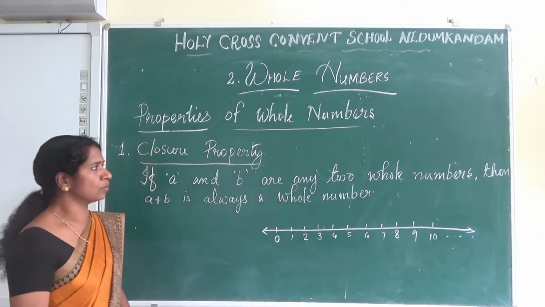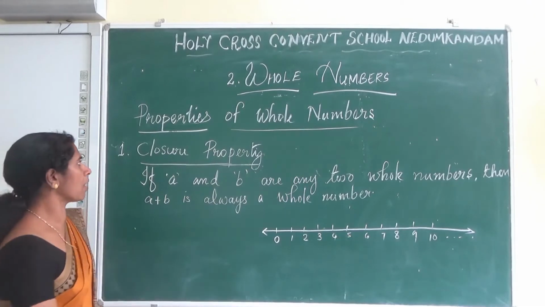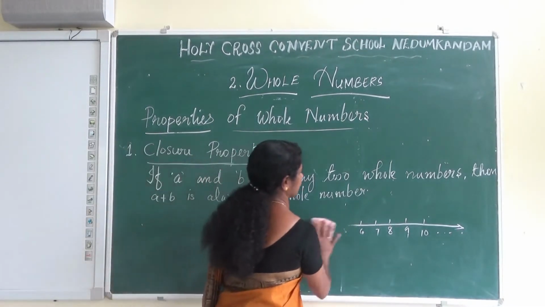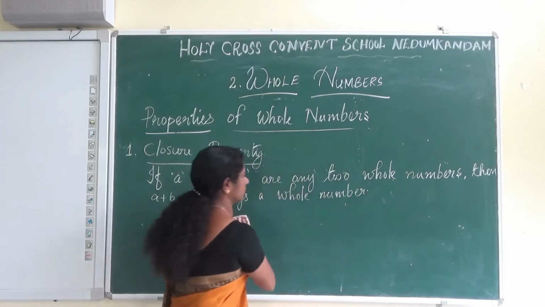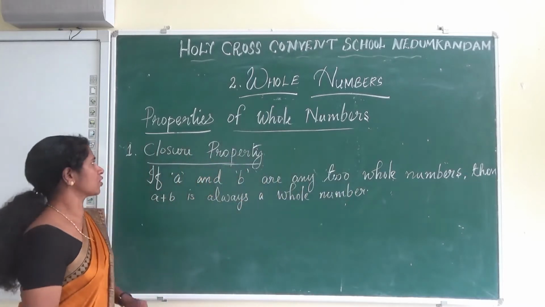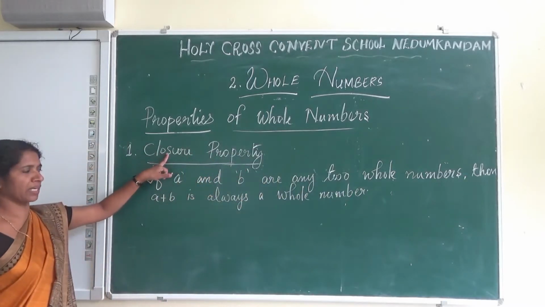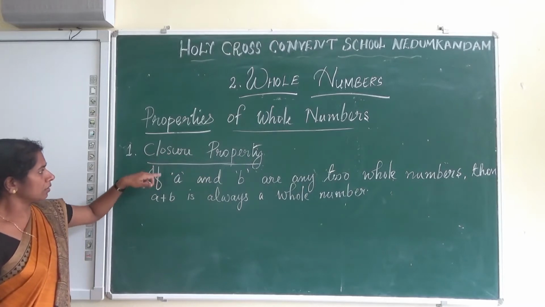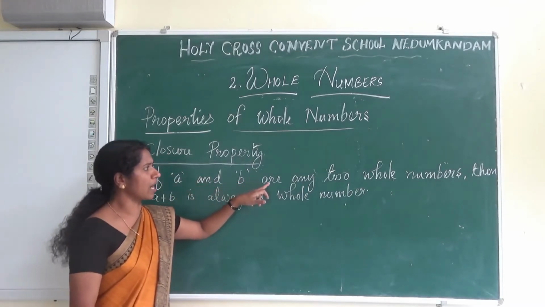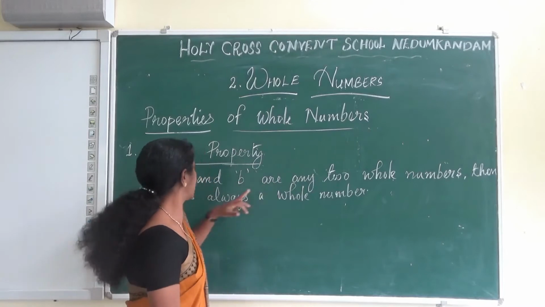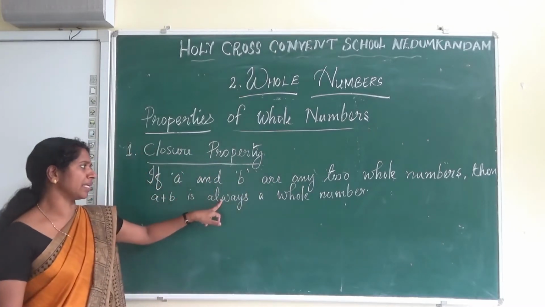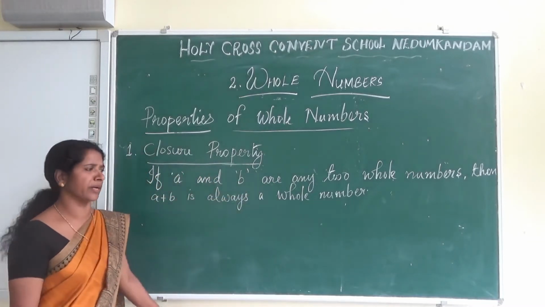Now we have to study about the properties of whole numbers. So first property, closure property. If A and B are any two whole numbers, then A plus B is always a whole number.